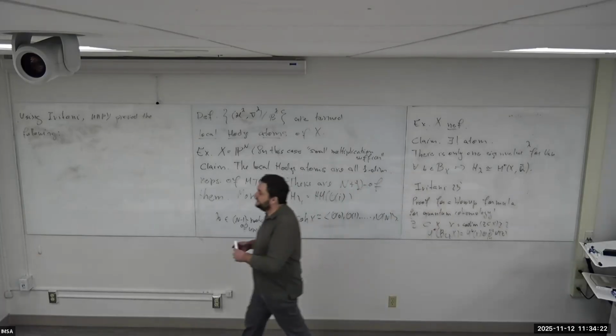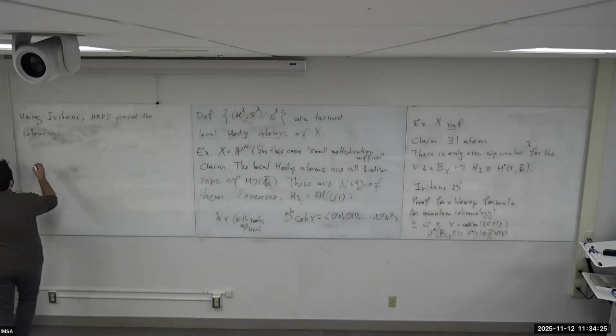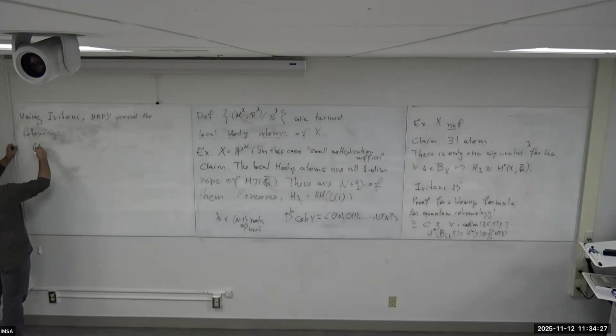What is the consequence of Iritani's blow-up formula? Denote this A model F bundle for the blow-up by this thing here.